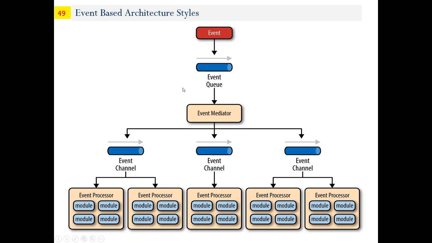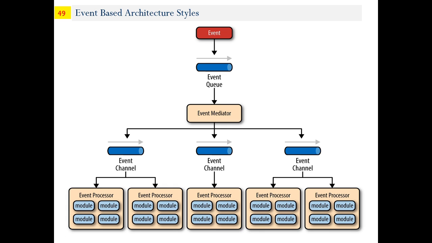So this is another example. Now here we can clearly identify the event comes in. Very carefully have a look at this. The event comes in and is put into the event queue. There is an event mediator, and through various event channels we can disseminate these events to the event processors, and event processors consist of modules, and modules consist of components.